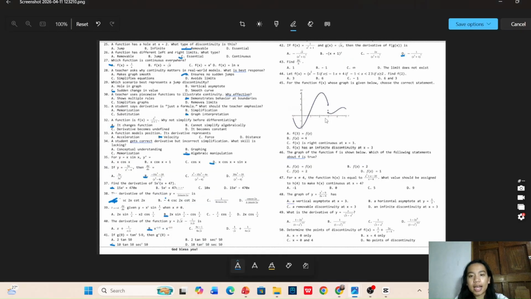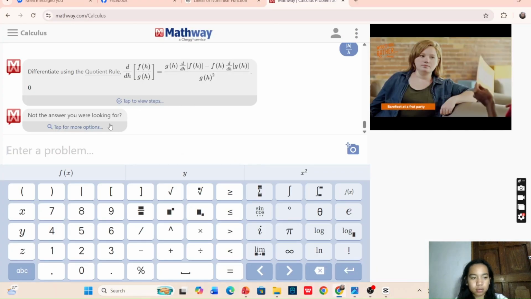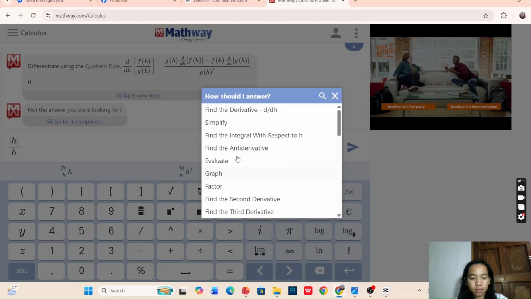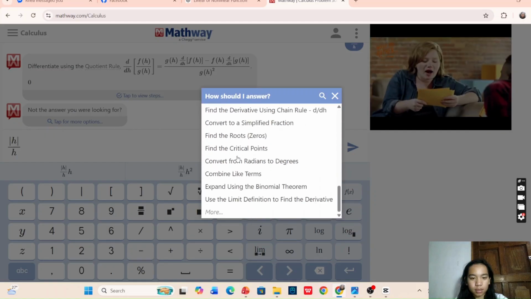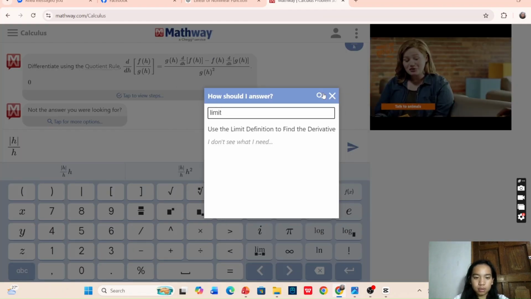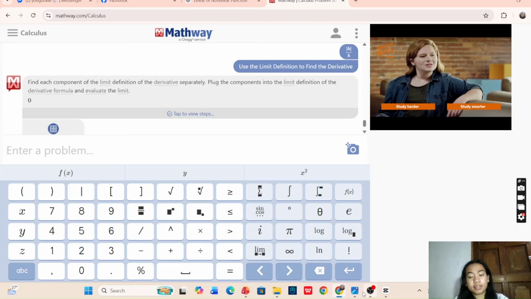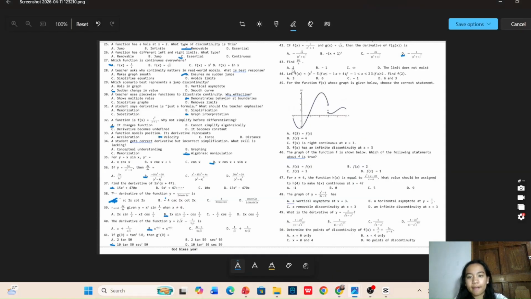So the answer for number 43 is 0, and it's not in the choices. Let's always try to evaluate it. It's 0. Again, number 43 is 0 and it's not in the choices.